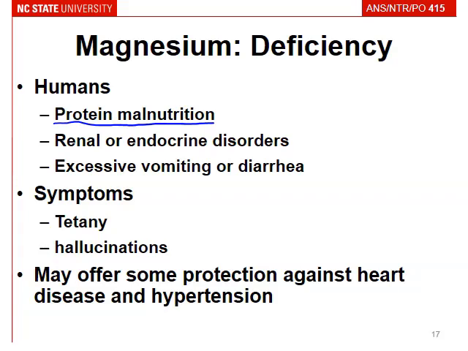The symptom of magnesium deficiency is going to be tetany. So this is basically when you have all your muscles contract at one time. It's very painful because basically you end up crushing a lot of your bones because, for instance, your biceps and triceps are contracting at the same time.